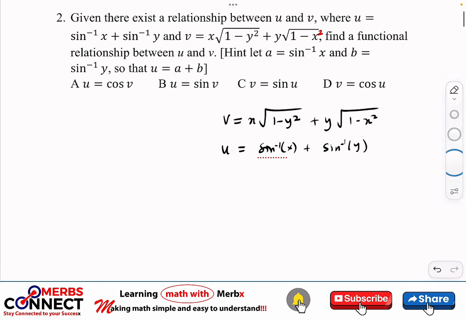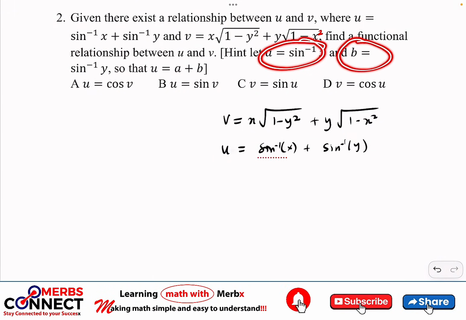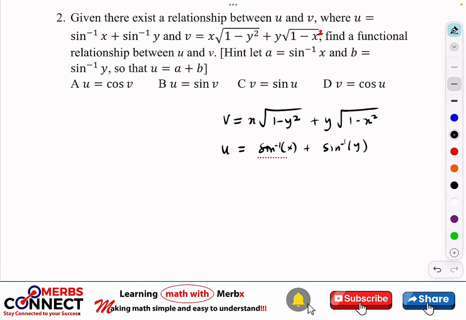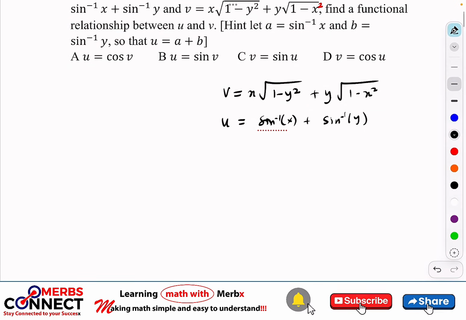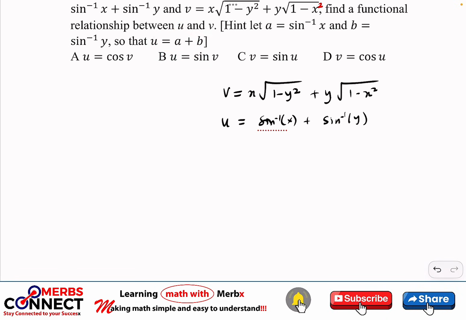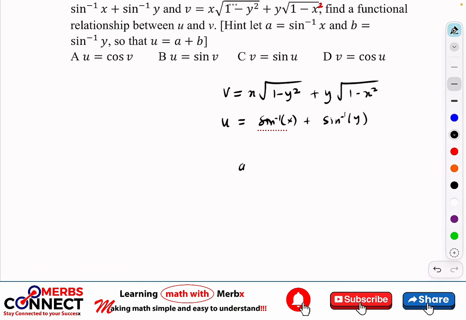But from the hint, we have a to be this and we have b to be this, and that is very good. And they've given us even this, so we don't need to struggle a lot here. So a is equal to sine inverse of x. This implies that x is equal to sine of a.